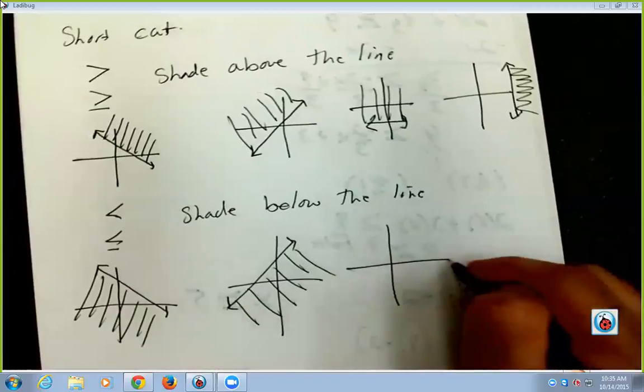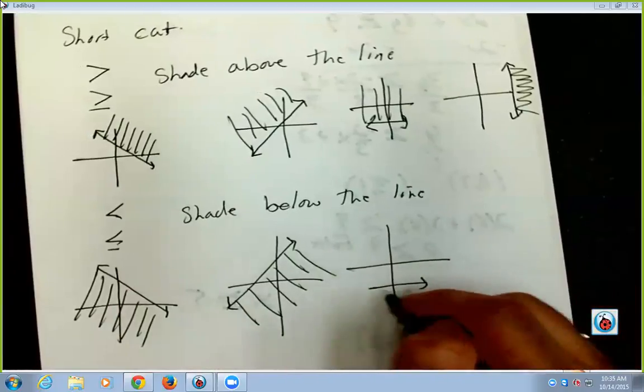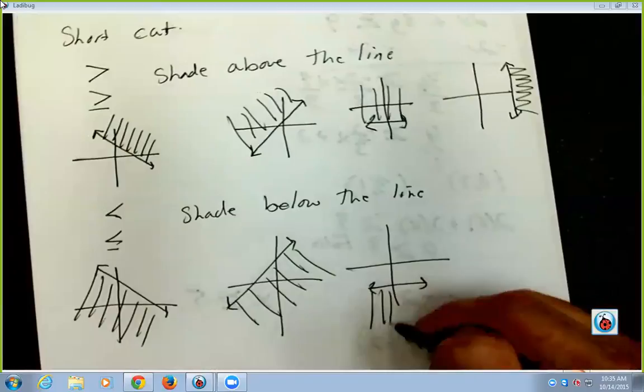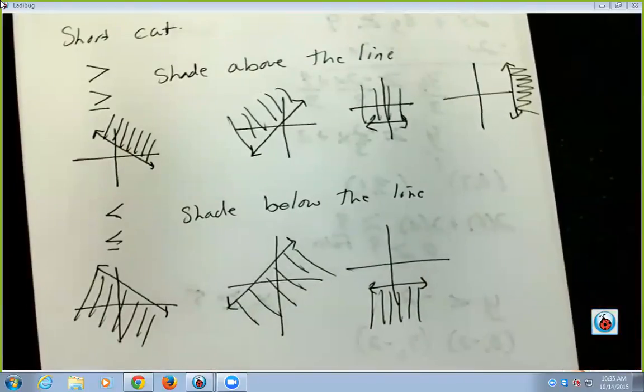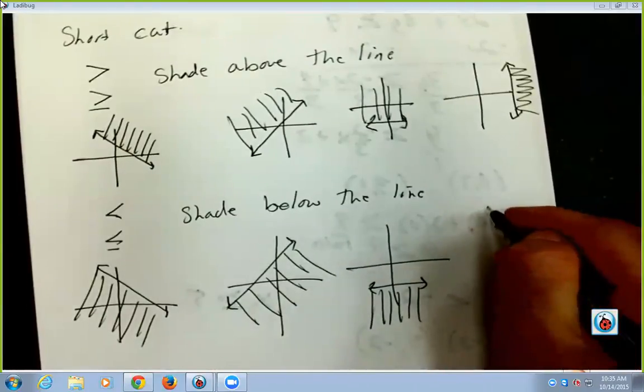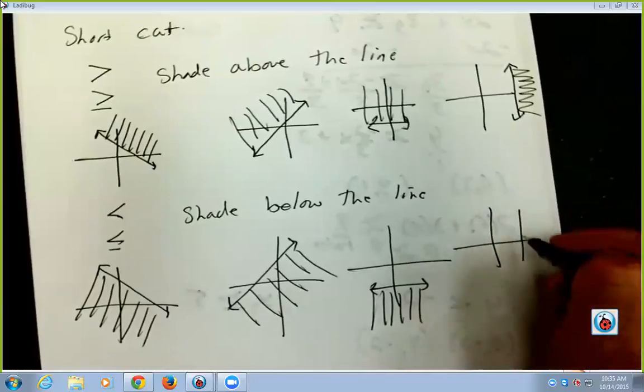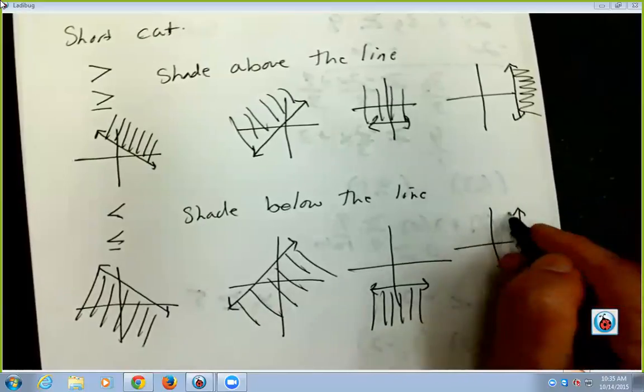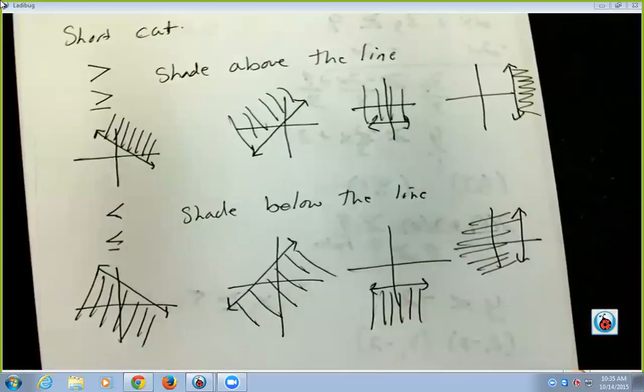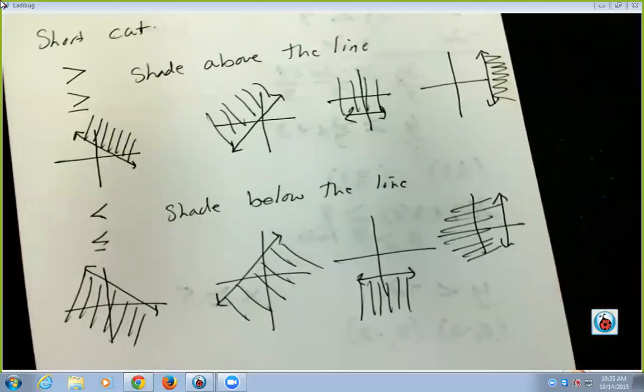If I have a horizontal line, I would shade below the line. Okay? And then finally, if you have a vertical, you shade the side of the line. Okay? But if you can't remember those, test points work wonders. They're the best plan for these, and to stick a test point in there so that you know what you happen to have happening in those equations.